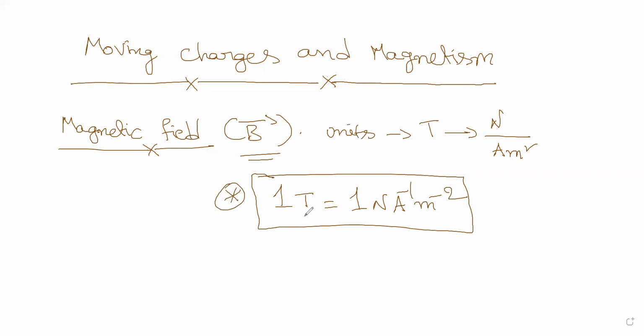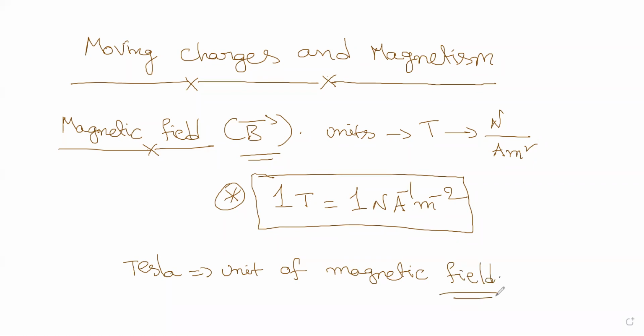The Tesla is the unit of magnetic field. So how to quantify this Tesla? What is the range of this Tesla? To understand, MRI machines will have about 3 Tesla.